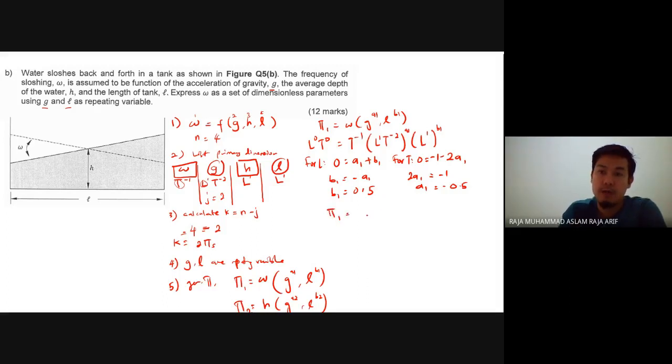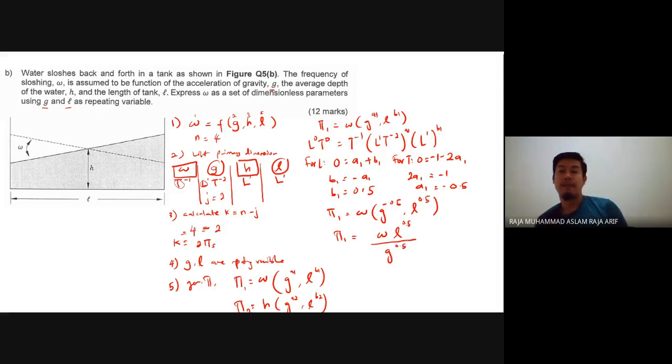We can write our pi 1 equal to omega times g^a1, where a1 is minus 0.5, and L^b1, where b1 is 0.5. So pi 1 equals omega times L to the power 0.5 divided by g to the power 0.5. Okay, so that's the first pi.